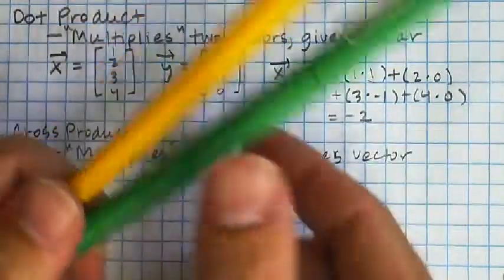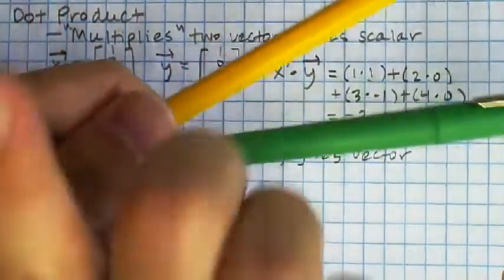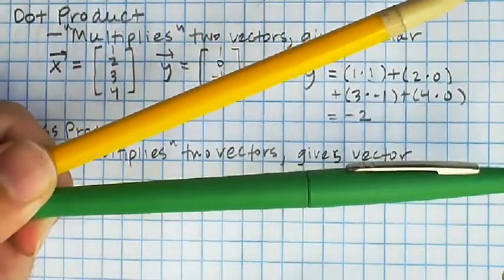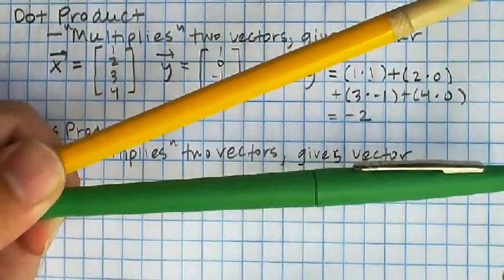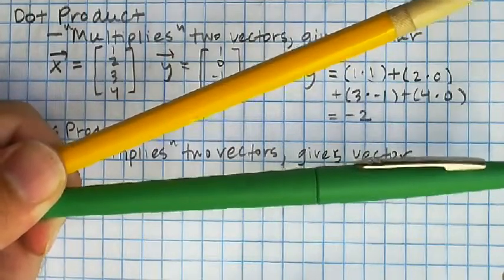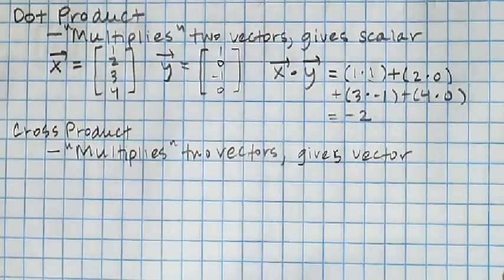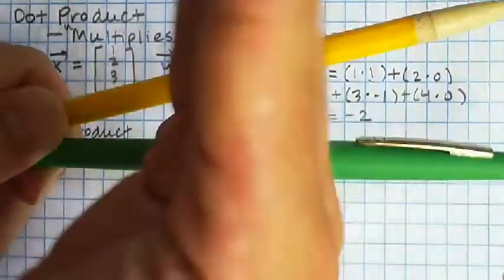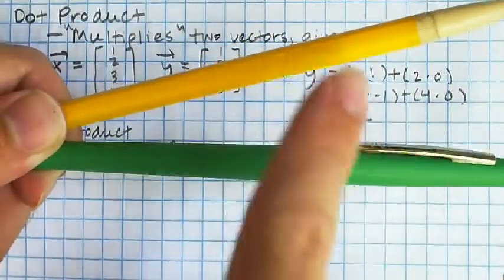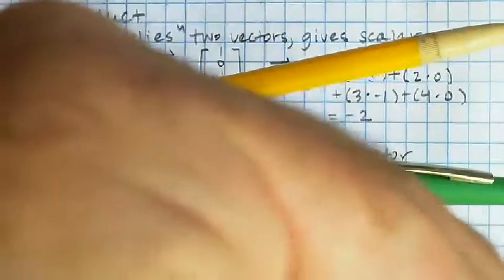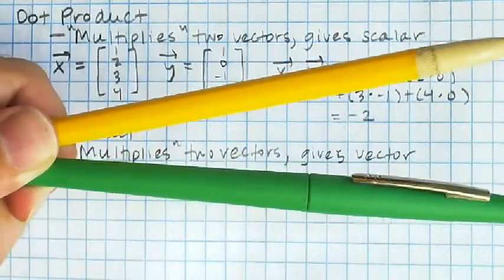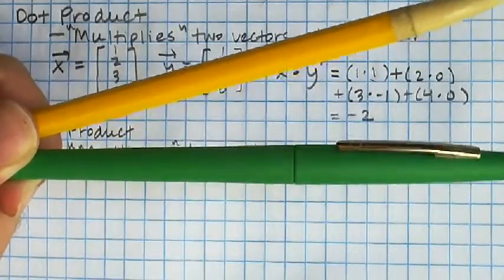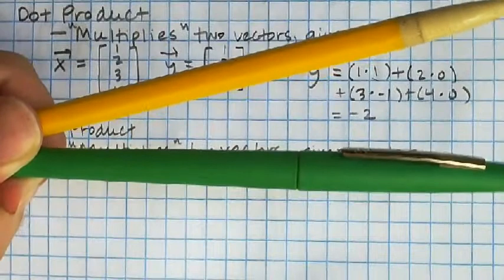If it starts here, it's going to be something that comes up out of the screen if these are sitting flat, parallel to the page. And it also anti-commutes. So this one times this one follows the right-hand rule, so it would go up. But if you did pencil times green pen, it's going to go down into the page because it observes the right-hand rule. But that's not going to be super important for us, at least not at this juncture of the course.